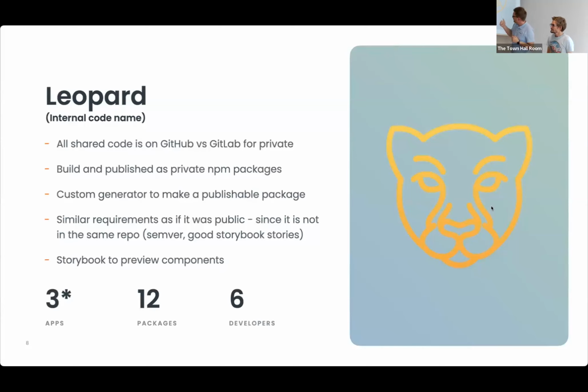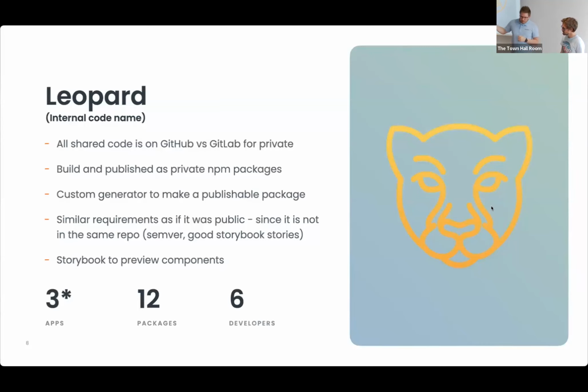And then we had the shared code in a completely different repo, because we use GitLab for the private stuff, but we can't reuse that for our data platform. So we also have two different repos for the shared ones.